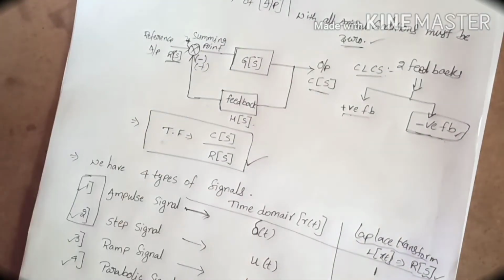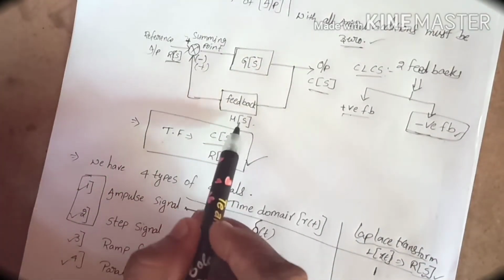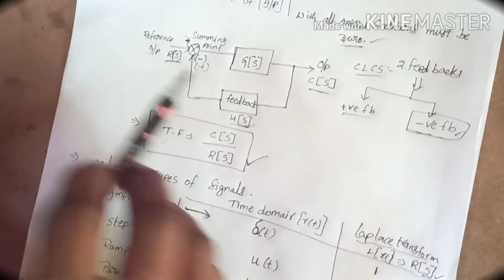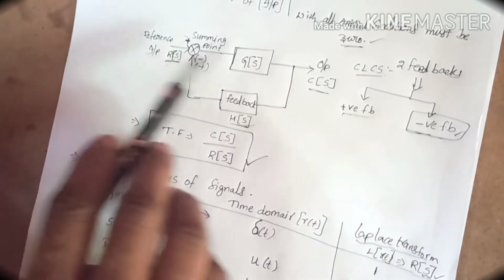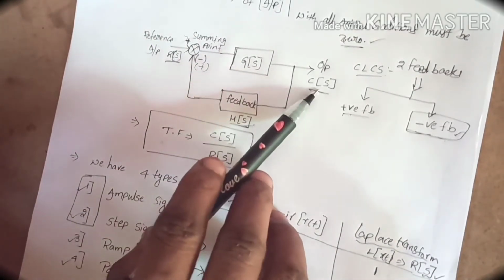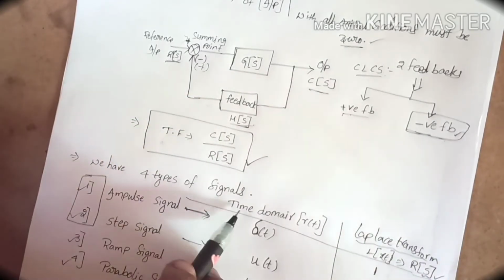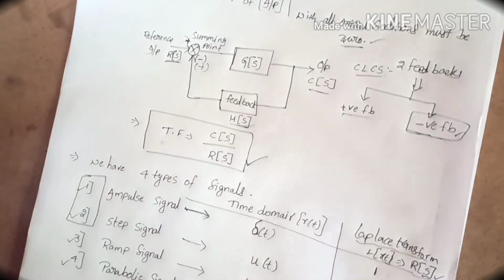The feedback system we write as H of S. Input R of S, system G of S, output C of S, and feedback H of S. Very important, that's why we are mentioning it so many times.